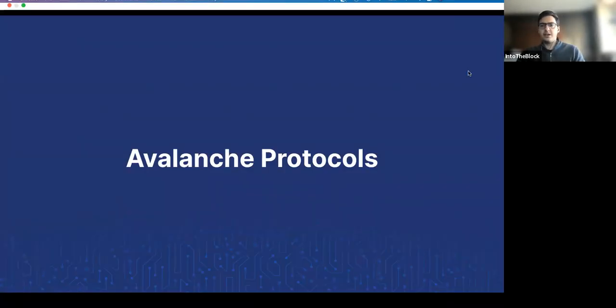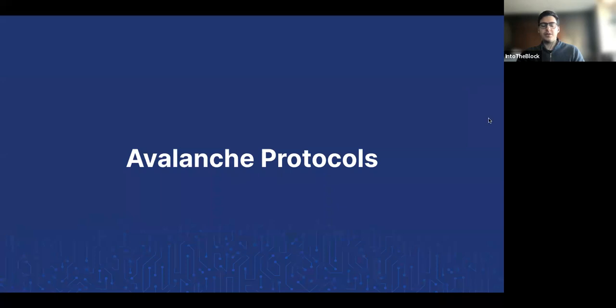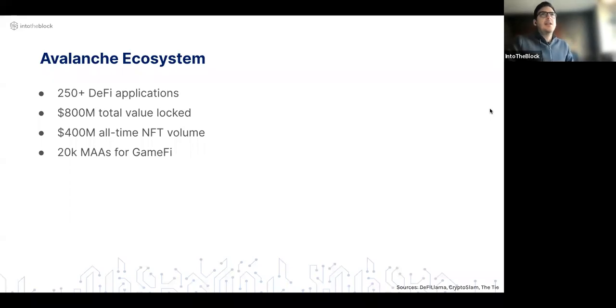Now, finally, I want to talk about the ecosystem that's developing in Avalanche. I'd like to say that smart contract platforms are close to new digital economies that are emerging, almost like digital nations.